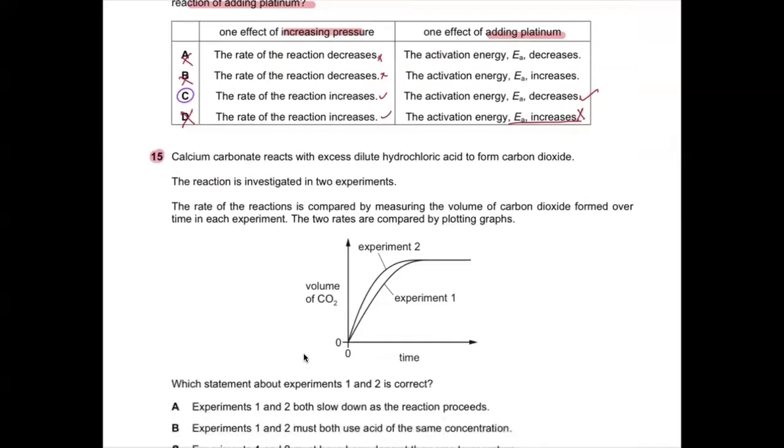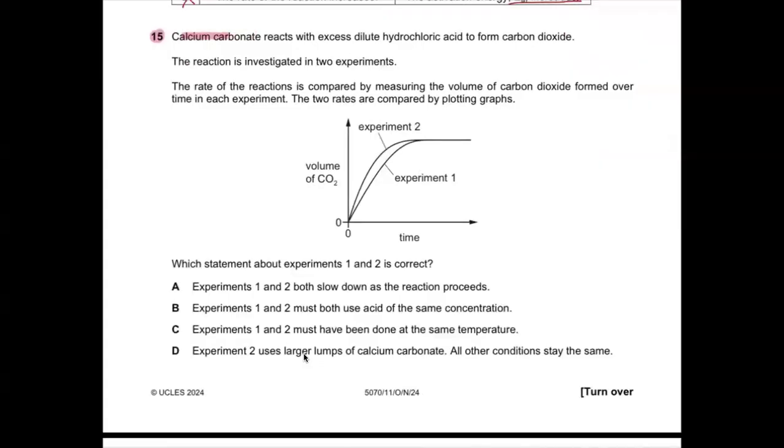Now, MCQ number 15. Calcium carbonate reacts with excess dilute hydrochloric acid to form carbon dioxide. The reaction is investigated in two experiments.